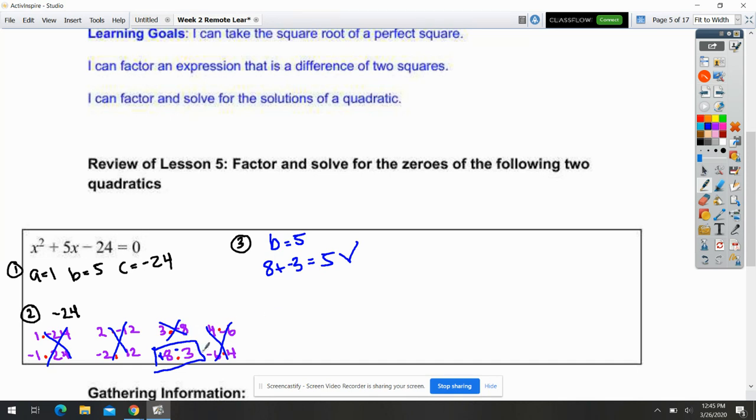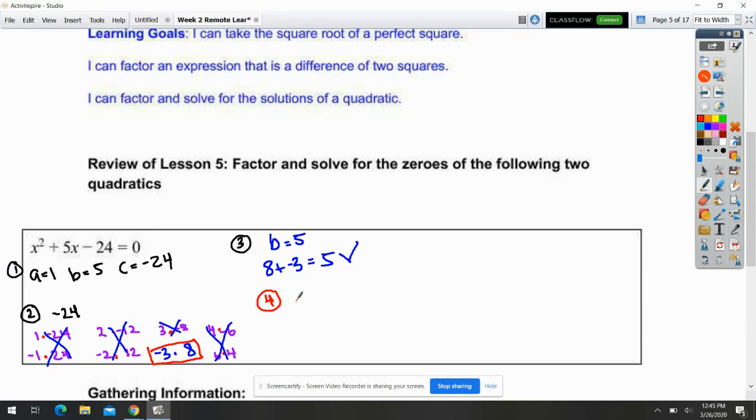I wrote negative 8 twice. So just to clarify so no one gets confused, this was supposed to be negative 3 times positive 8, which is the one we had to use, which adds to positive 5, which is our B value.